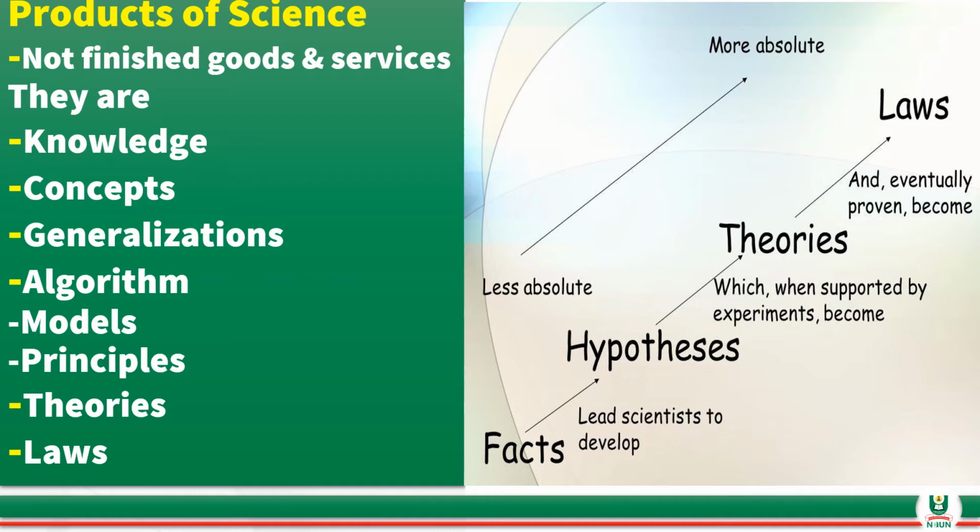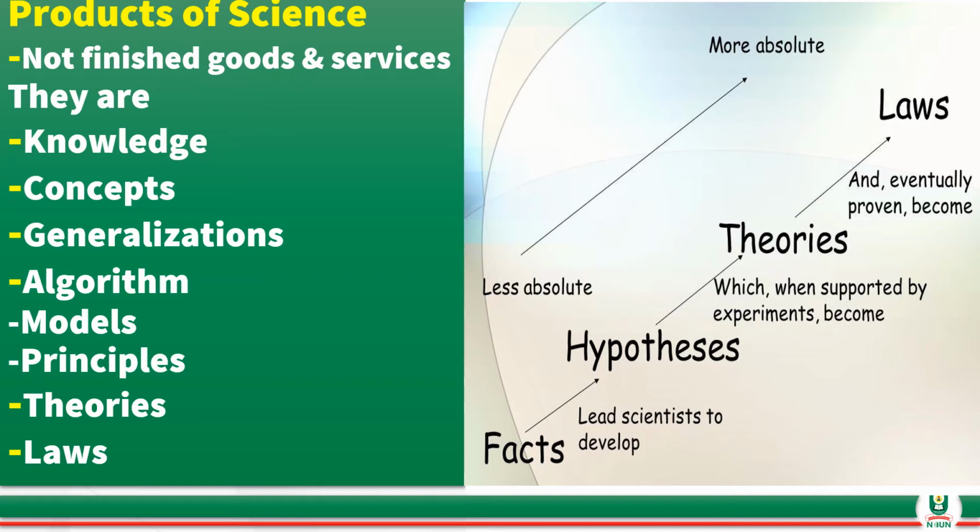On the other hand, the nature of science are those qualities or elements which make science what it is. While the scientific method is systematic and tends to be static, the products of science are dynamic and generative, depending on the extent of data available at any time. So these products of science are not static; they are dynamic. The scientific processes or scientific method we explained earlier are fixed.